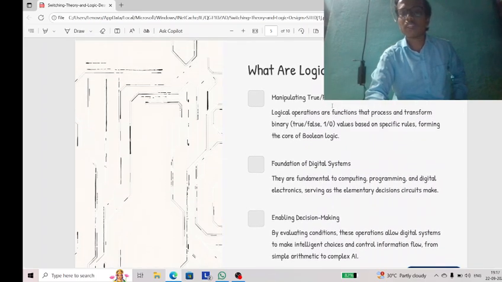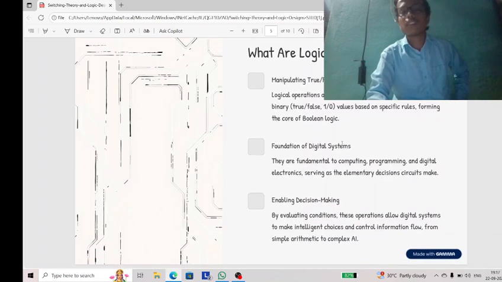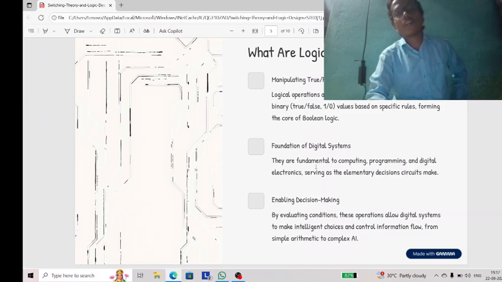First, manipulating true or false values: logical operations are functions that process and transform binary true or false values based on specific rules, forming the core of Boolean theorems, or Boolean logic. Second, the foundation of digital systems: they are fundamental to computing, programming and digital electronics, serving in elementary decisions and circuit making.